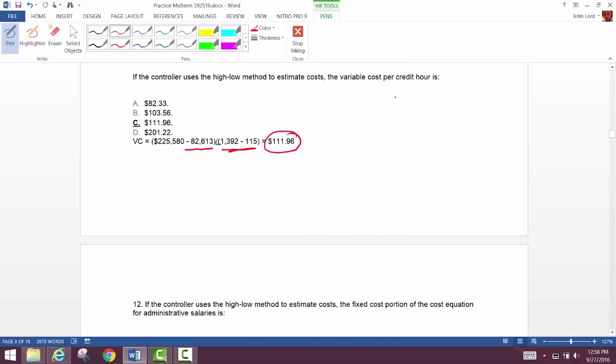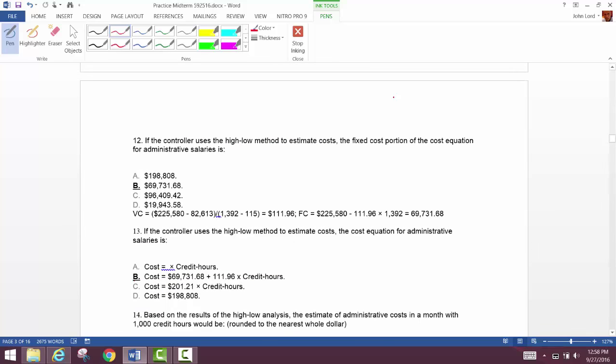Okay. All right. So now we come over and we ask for the fixed. And so we're going to go ahead here, and you can see that they went ahead and recomputed the variable, which we already know is this 111.96.